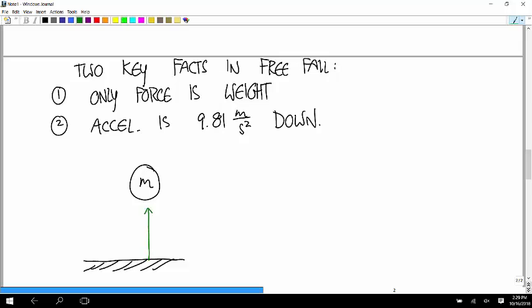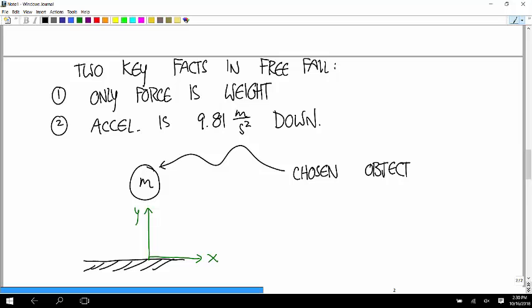And I'm going to choose the y-axis pointing up, like I think I always have in free fall problems. The chosen object is the thing with the mass of m.